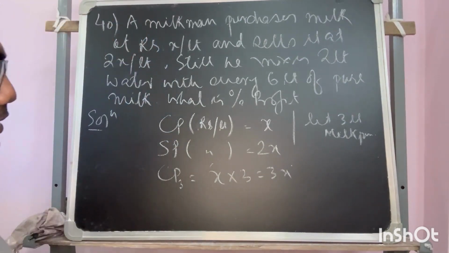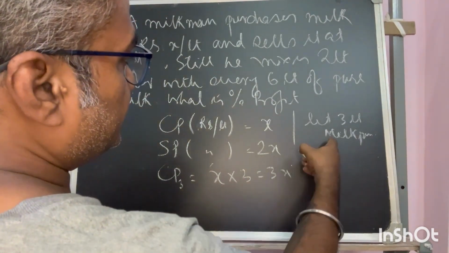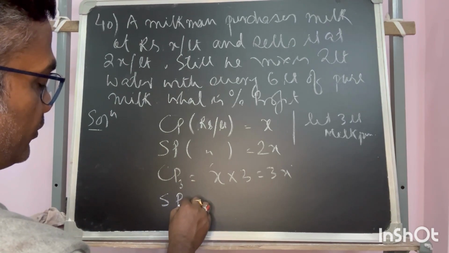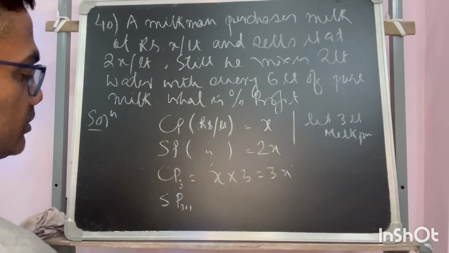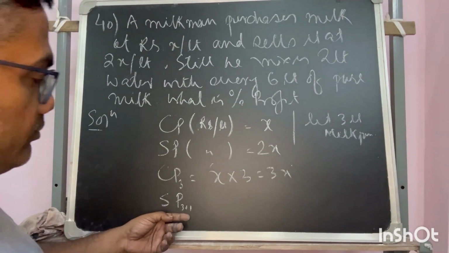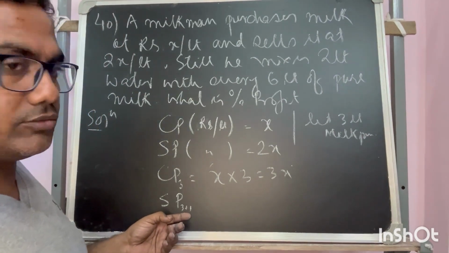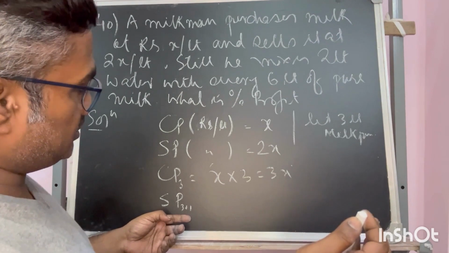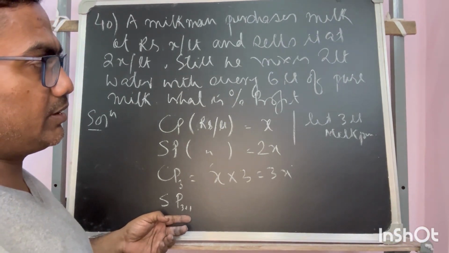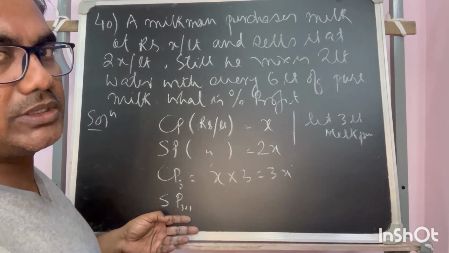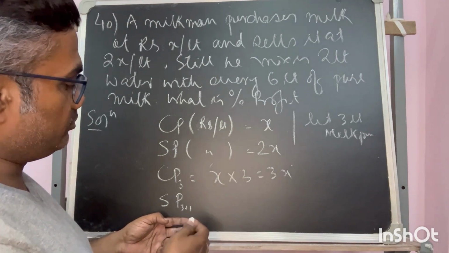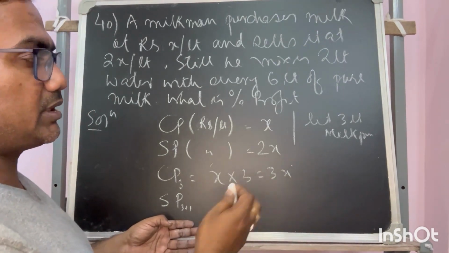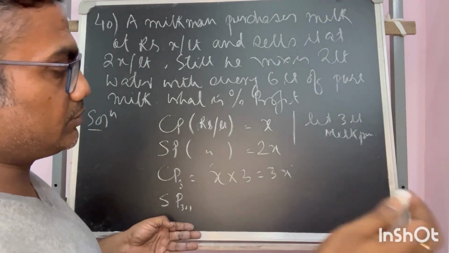But when he is selling, instead of 3, he is selling 4 liter. When you add the water, it cannot be distinguished separately from the milk. It will definitely seem to be milk, because the major part is milk, and the color won't change.